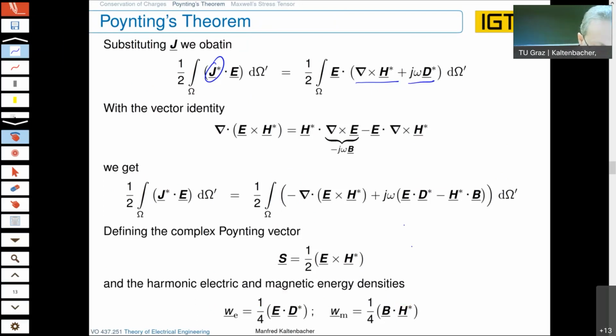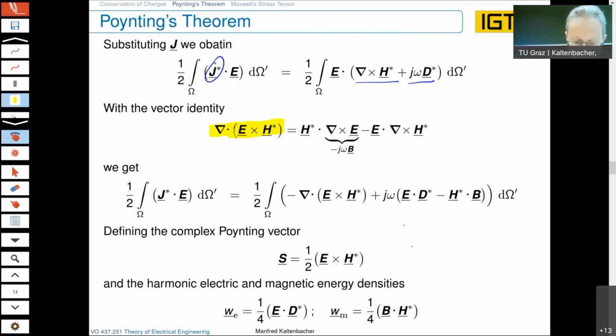Furthermore, we want to express this term we have here so that we get again something like the divergence of a part, because then from the volume integral by a Gauss theorem, we can go up to the surface integral, the closed surface integral.